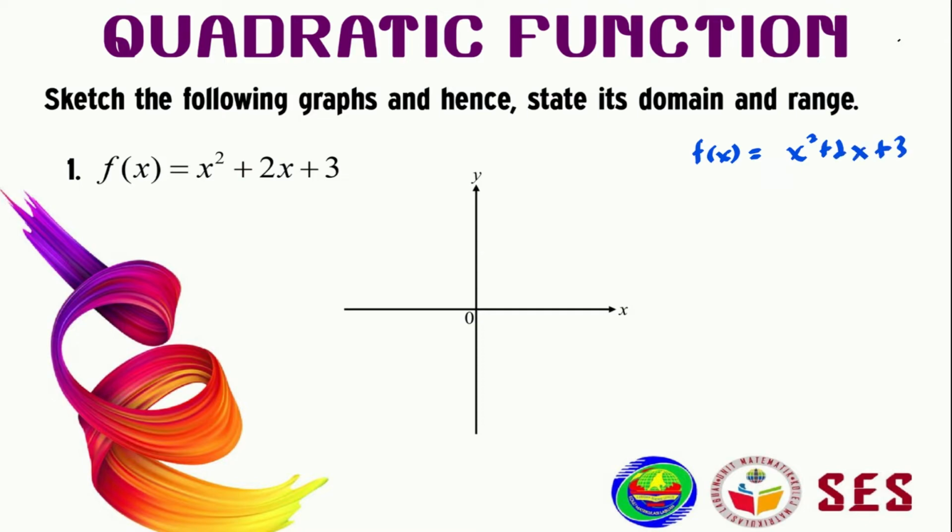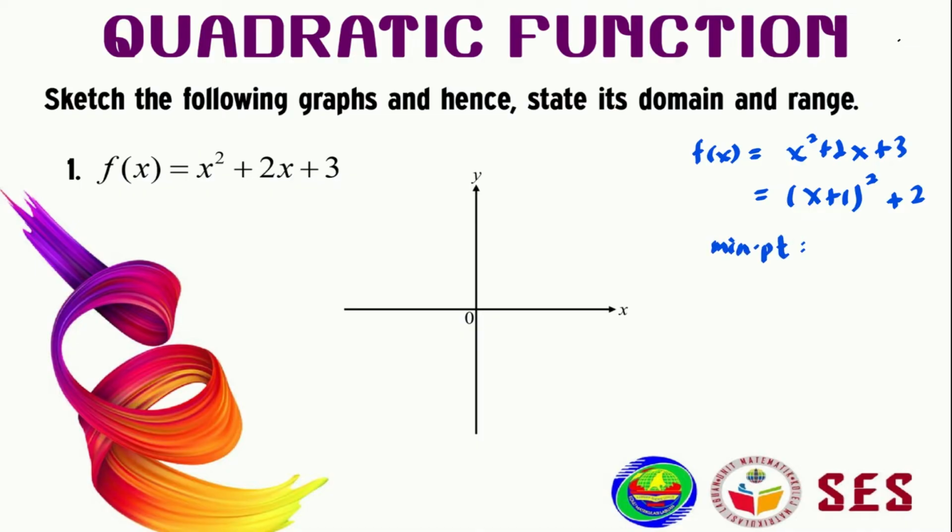By completing the square, this function can be written as (x plus 1) squared plus 2. From the basic form of completing the square, we can get straight away its minimum or maximum point. Since we have a positive x squared, our graph is in a smile shape, therefore we will have a minimum point.